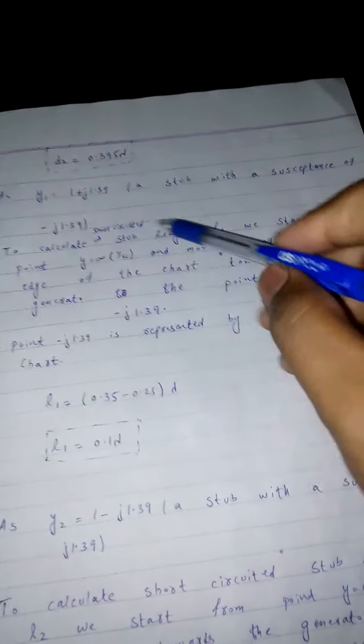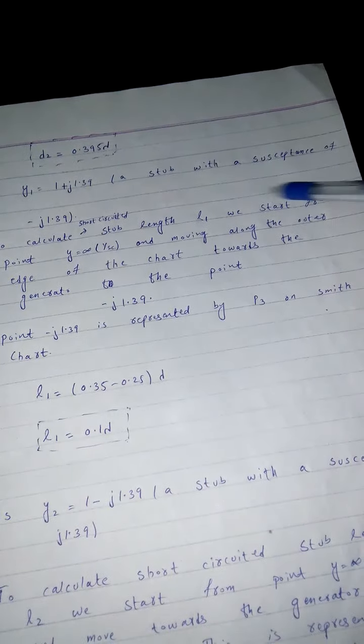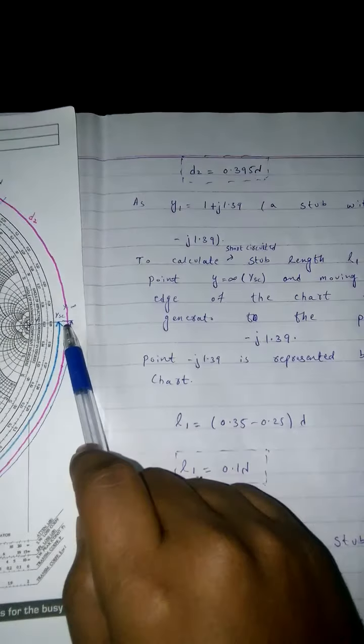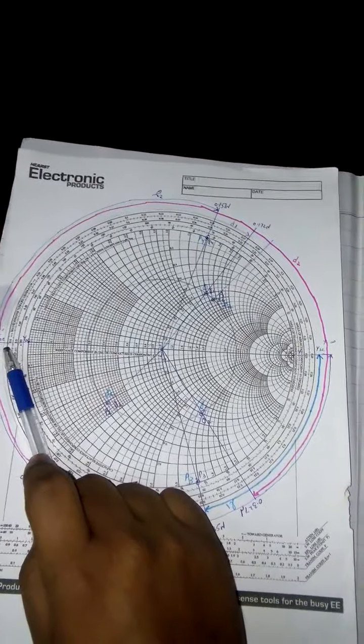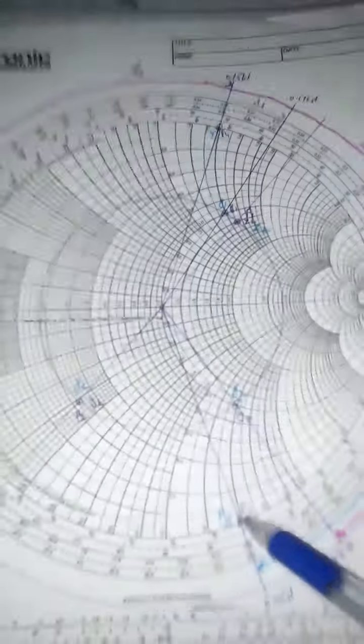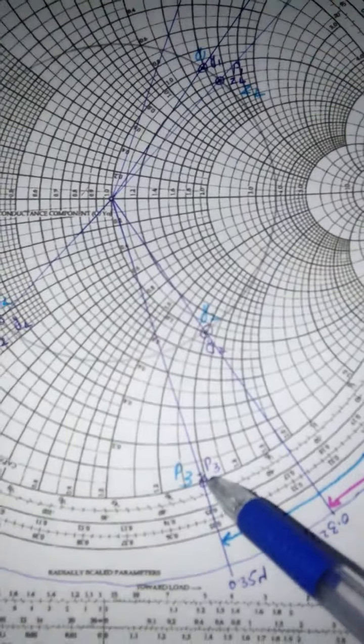To calculate the shorted stub length L1, we start from the point Y infinity. Here is Y infinity, the short circuit in the case of admittance, and here is the open circuit. Now we locate the point minus j1.39 on the Smith chart. Here it is minus j1.39.